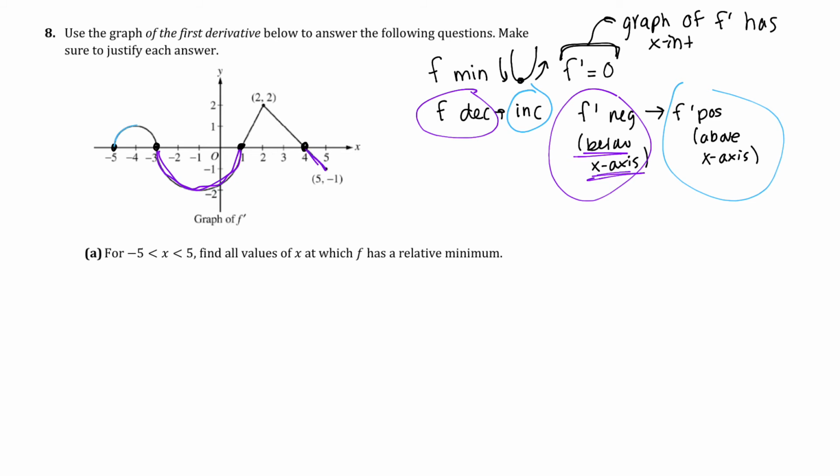This is an above part, this is an above part. Here it goes from positive to negative, so that's not going to work. But right here, you go from being below to being above. Only in one place does this happen, and it happens at x equals 1. It has a relative min.